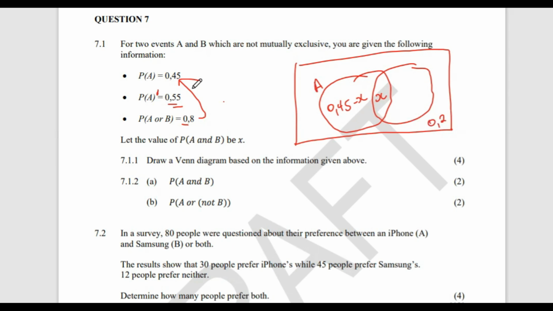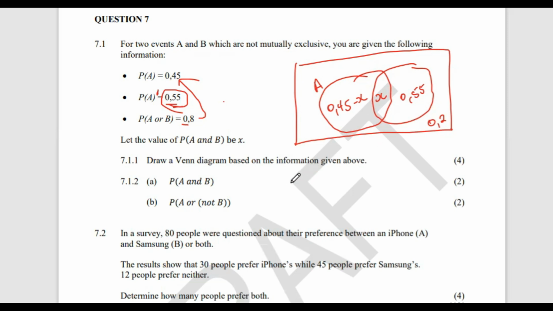What is outside of A is 0.55. So this part alone, because it's outside of A, I'm going to make it 0.55. Okay, will that help?